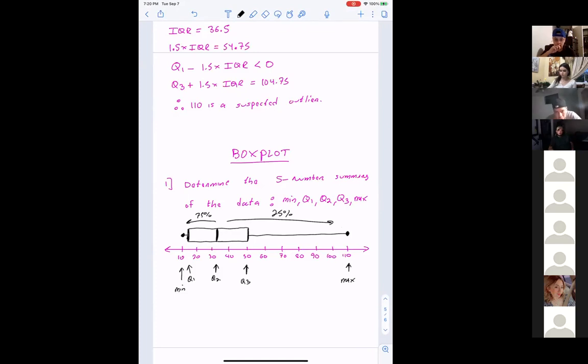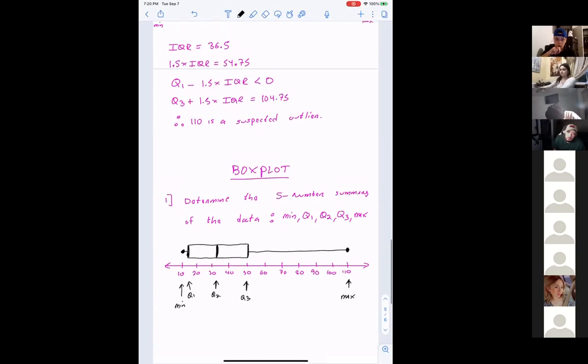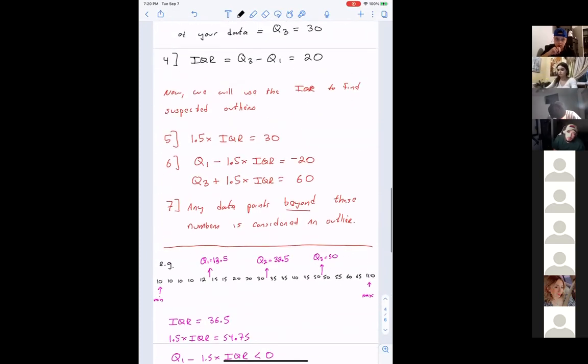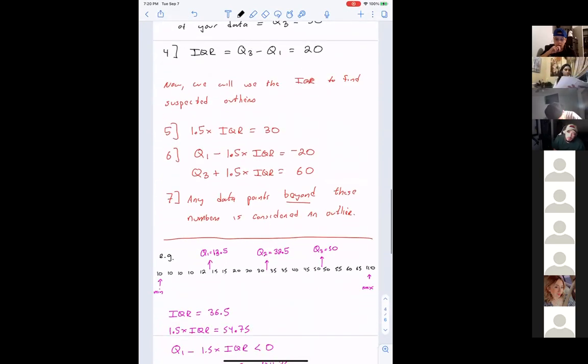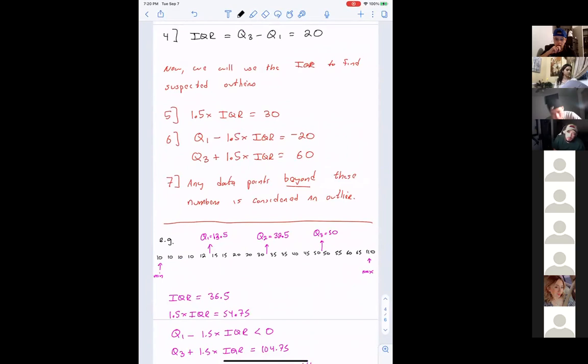To really be based on the numbers that were given to us, from 10 to 110. And then it goes from 10 to 65. So it'll pretty much go on the left side. Wait, 10 to 65, I think that was the previous data points, wasn't it? What happened to the 110?